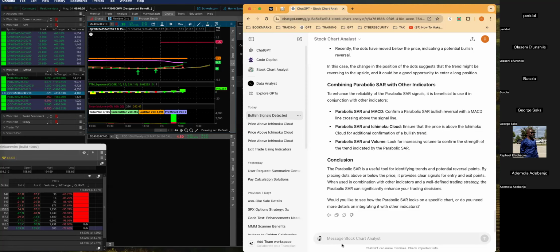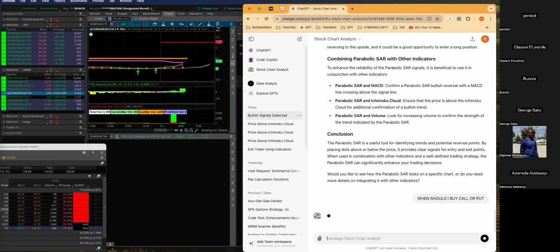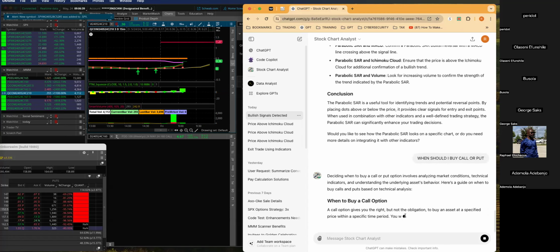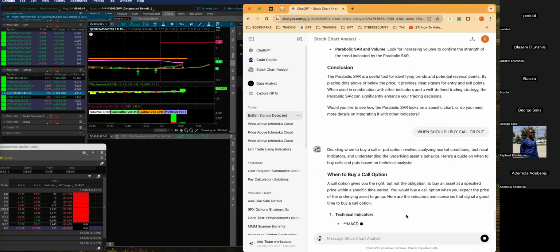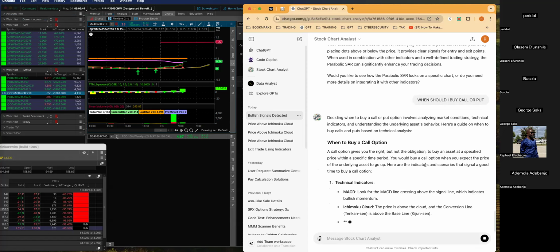When should I buy calls or puts? You can ask it that general question, or you can tailor it more to the indicators that you are using.